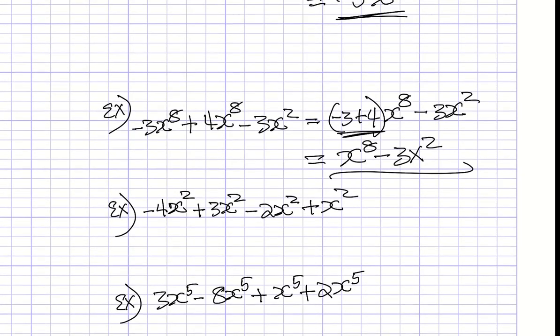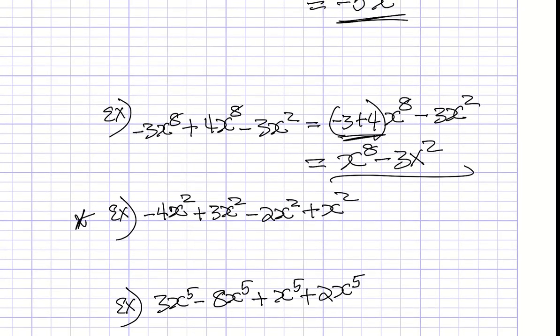Now let's go to the next one. This one here. What does it say? Look at that carefully. Look at the exponents. Again, we know it's one variable. How many terms are there? 1, 2, 3, 4. The polynomial has 4 terms, but so what?